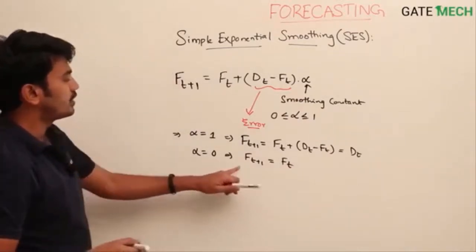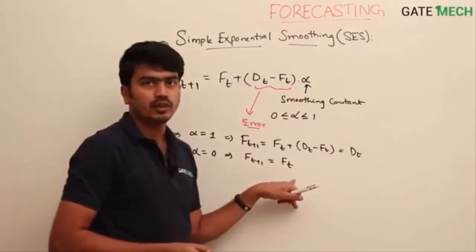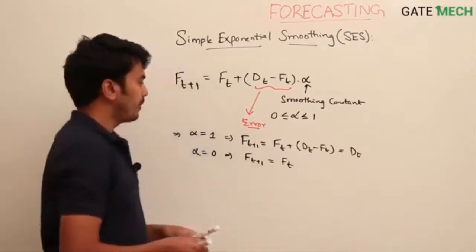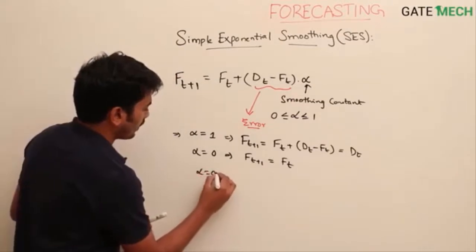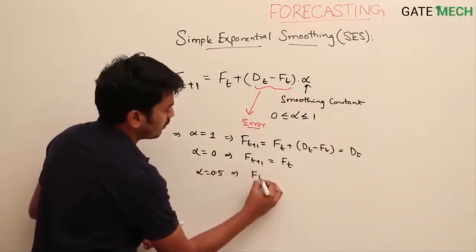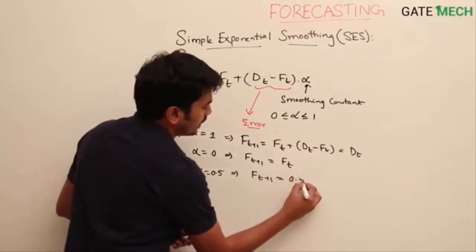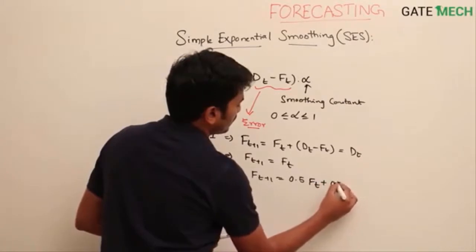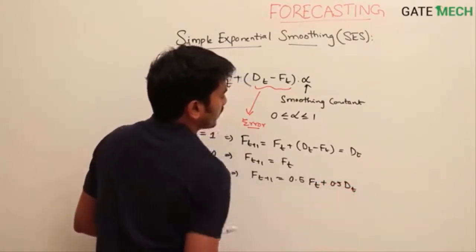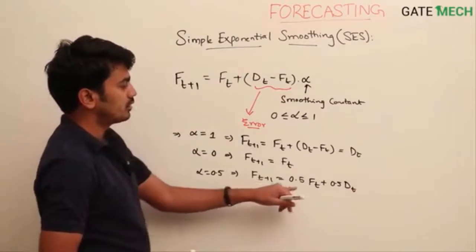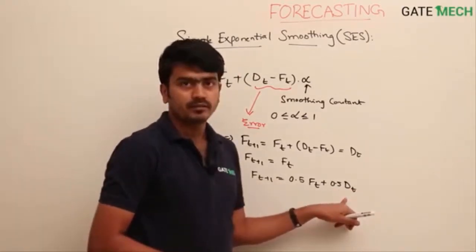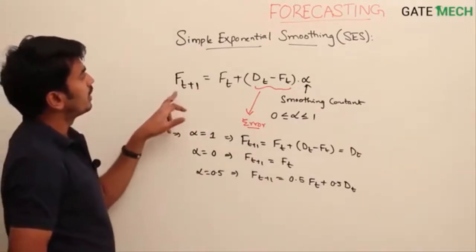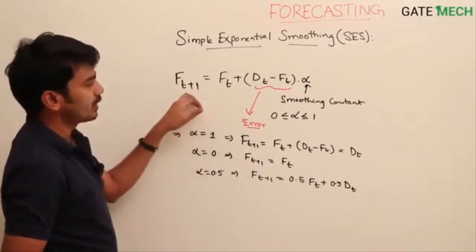So it gives more weightage to the current forecast and ignores the last demand. And if alpha equals 0.5, in between, then ft plus 1 equals 0.5 into ft plus 0.5 into dt. So it gives equal weightage to the current forecast as well as the current demand. This is how the exponential smoothing method calculates the next period forecast.